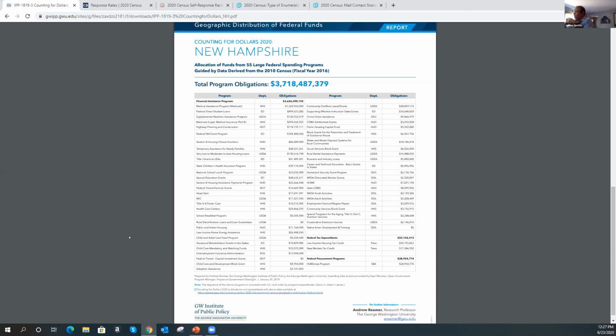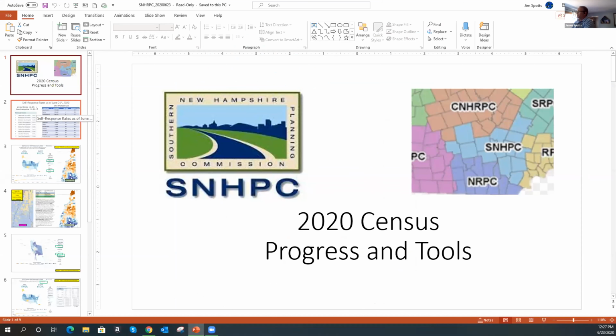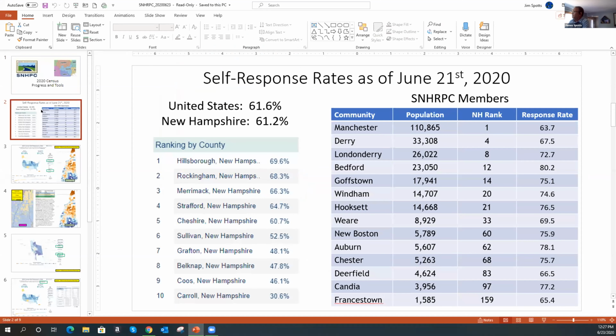This is available through the George Washington Institute of Public Policy. You can Google counting for dollars and find the same information. This should be updated next year, and you will probably see an increase for New Hampshire.